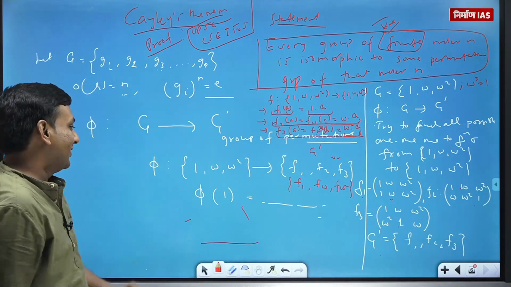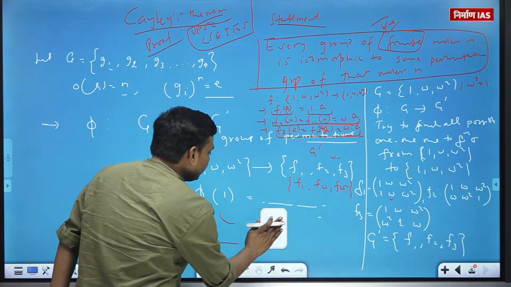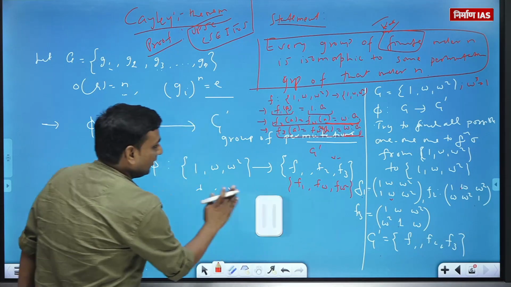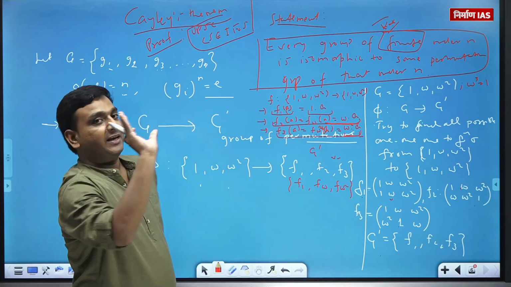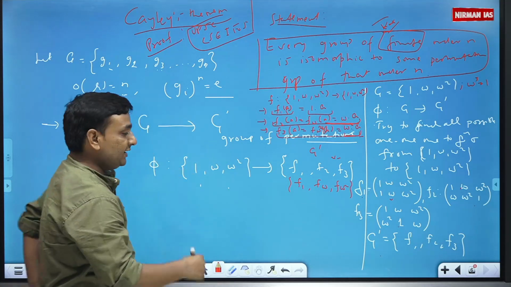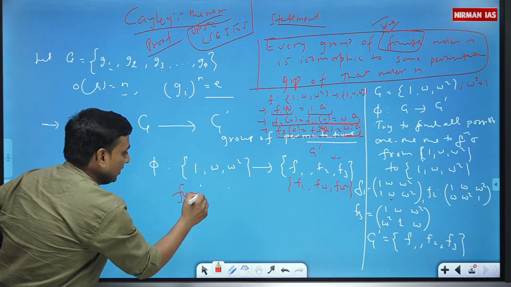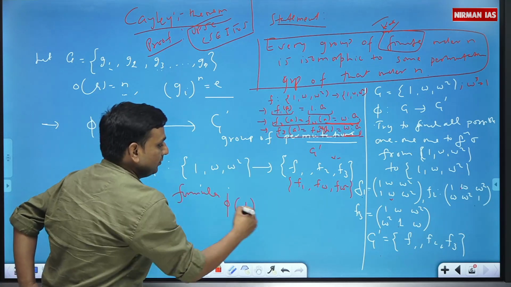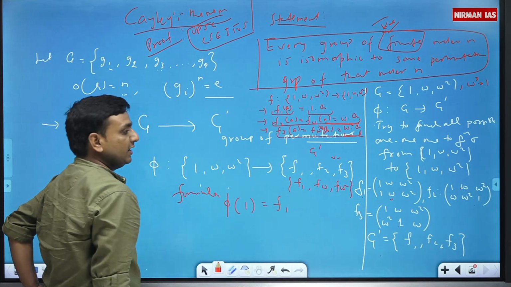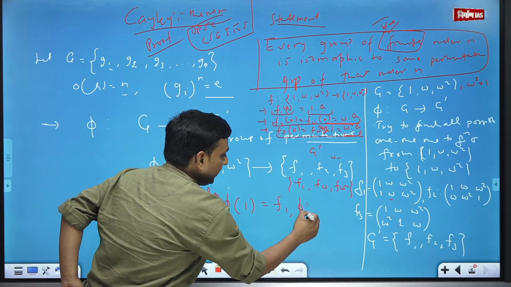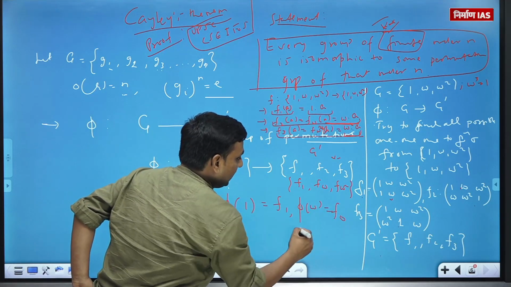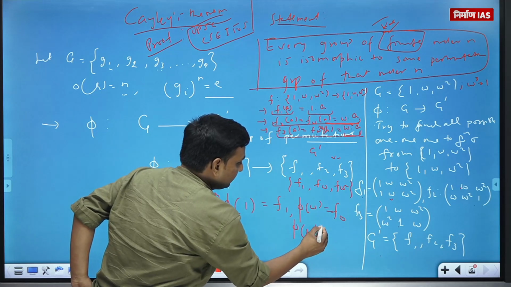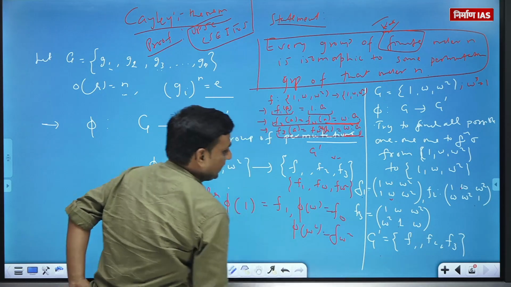Now I'm trying to find an isomorphism. For that, I will define a formula from G to Z dash. I have defined the formula as phi of 1 is f1, phi of omega is f omega, and phi of omega square is f omega square.